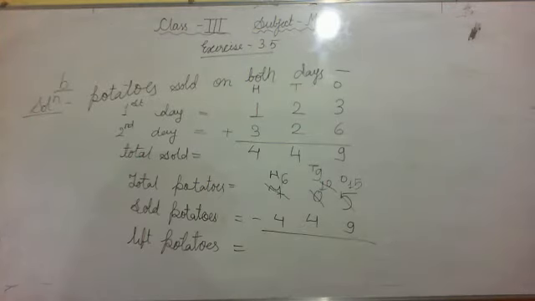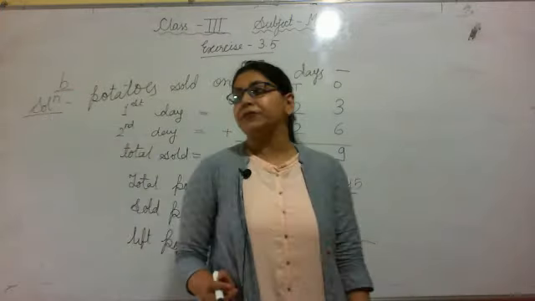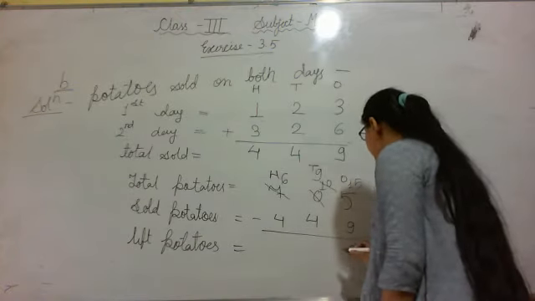Minus 9 is there, so count 9 times backward. Now count the remaining finger marks. How many finger marks are left? Very good. 6 finger marks are left. So we will write the number 6.